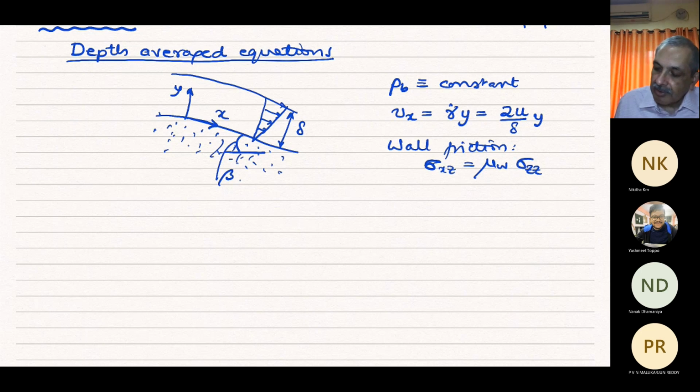Mu w is the wall friction. So these things we've assumed. We'll have many more assumptions as we go along, but let us go systematically. Here this should have a minus sign.